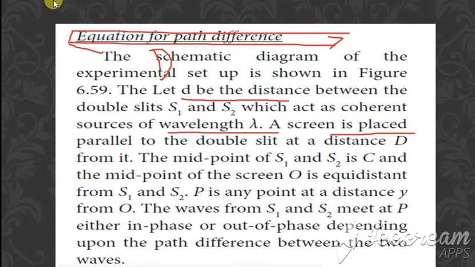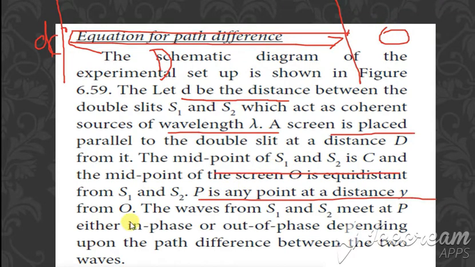Capital D. The midpoint of S1 and S2 is C, and the midpoint of the screen is O. P is a point at a distance y from O. So from O, the point P is at a distance y. Clear? So this is d, this is capital D, and this is y.